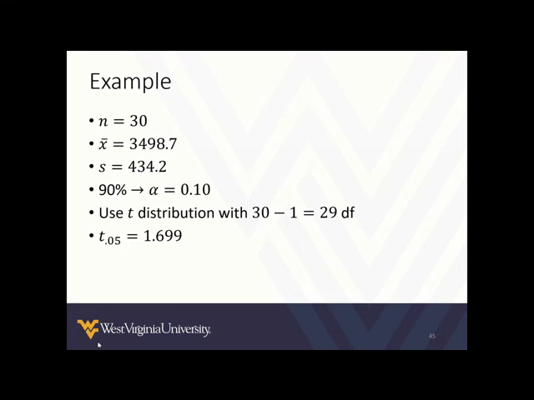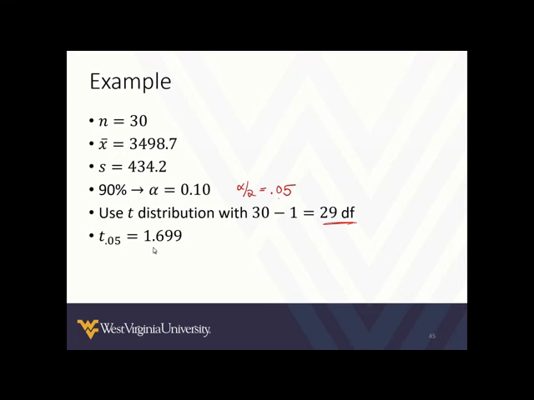And since this is a confidence interval, that means we are really needing alpha over 2, which would be 0.05. Now we can use the t-distribution table to get our critical value. To do that, we need to know our alpha over 2, which is 0.05, and our degrees of freedom, which is n minus 1. So our degrees of freedom would be 29.